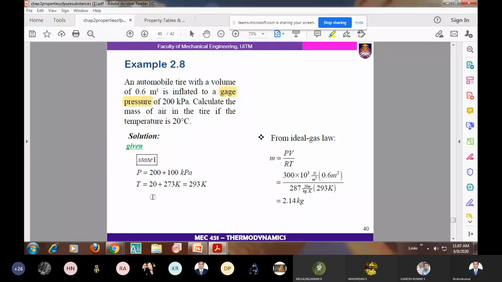Then the temperature is given in your problem. Take 20 degrees Celsius, then convert it into Kelvin. So we have to add 273. Then we can get the temperature in Kelvin.